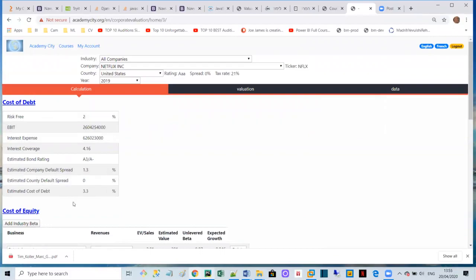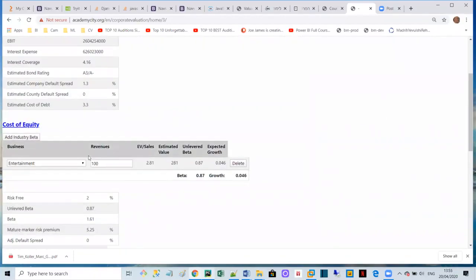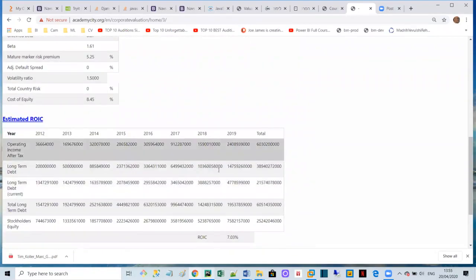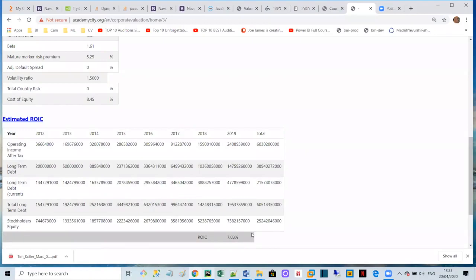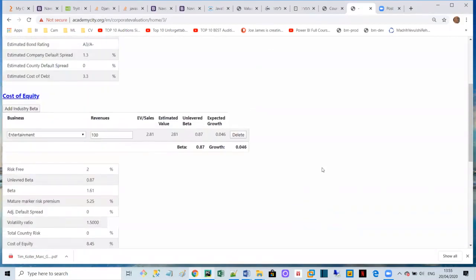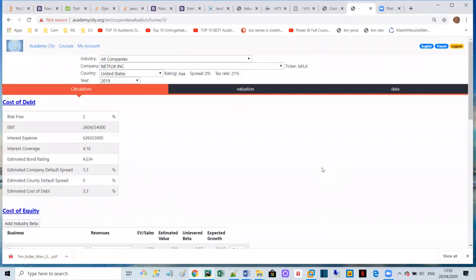Cost of debt, cost of equity, and here it does it automatically for you. What is the return on invested capital? It shows you how it was calculated. It shows you the effective tax rate, which we're going to use in the course. It really is a nice simulation, and you can look at other companies and get an idea how to value them.